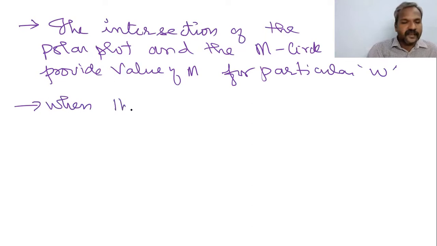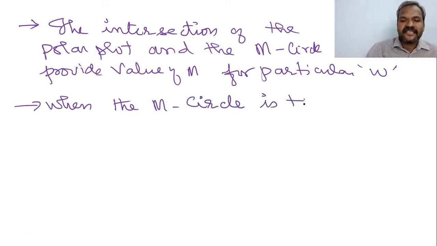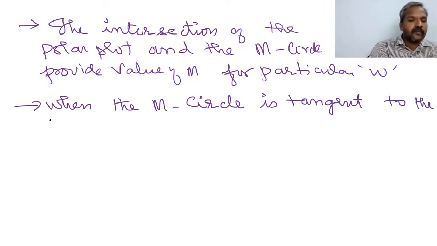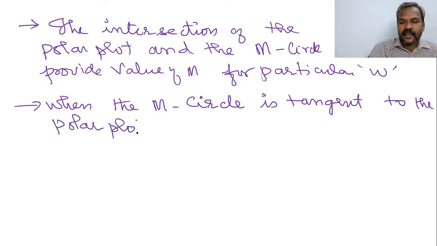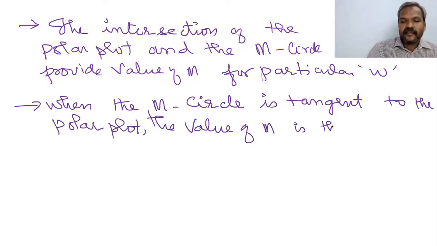When the M circle is tangent to the polar plot, understand? The value of M at that point corresponds to the resonant frequency.